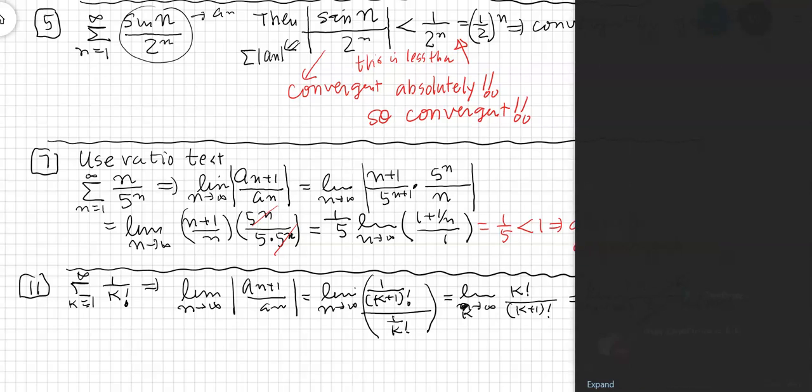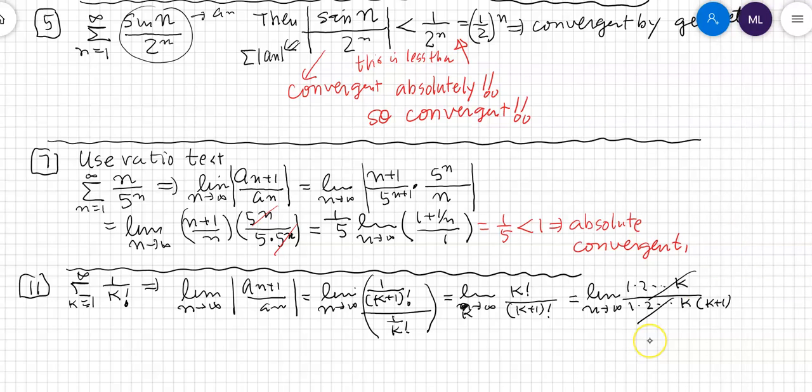So this is the limit as k goes to infinity of 1 over k plus 1, which is 1 over infinite, 0, less than 1. So it is convergent. What kind of convergent? Absolute.